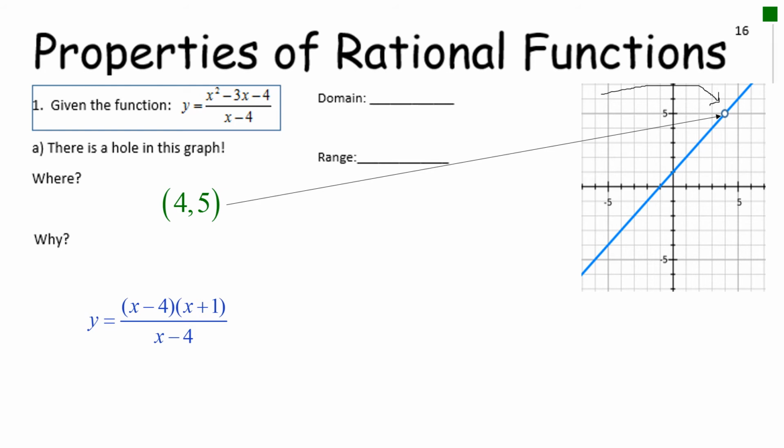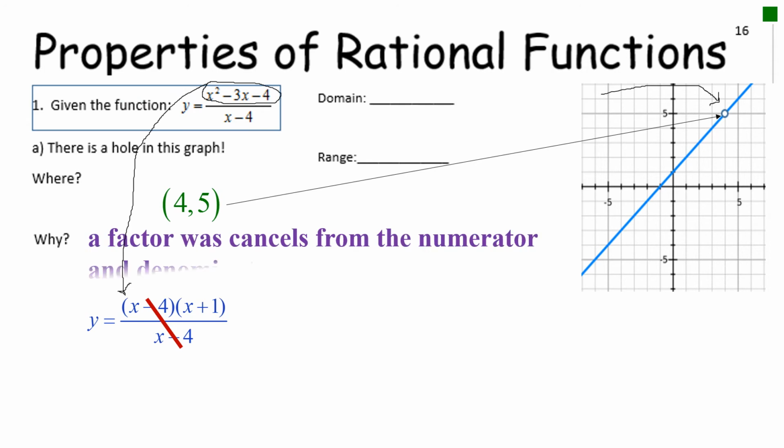What do we do? Factor. x squared minus 3x minus 4 factors out to x minus 4 times x plus 1. Now we see common factors. What does that indicate? There's a hole. When a factor cancels from the numerator and the denominator, there is a hole.